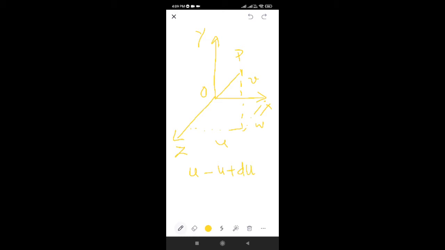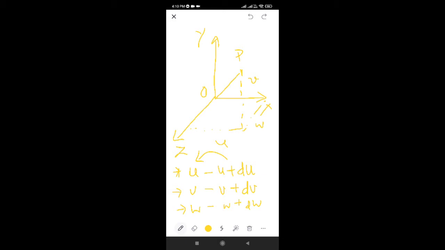I want molecules whose x component is between u and u plus du, whose y component is between v and v plus dv, and whose z component of velocity is between w and w plus dw. What is the difference between the upper limit and the lower limit? u plus du minus u is du.